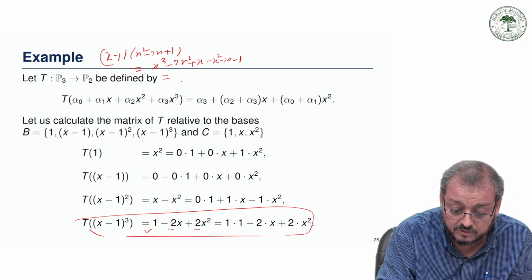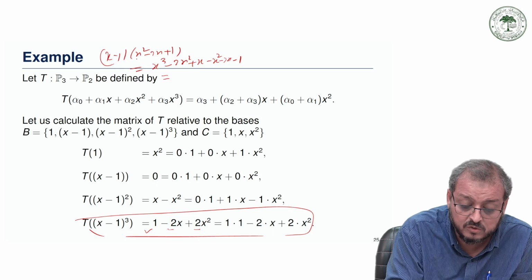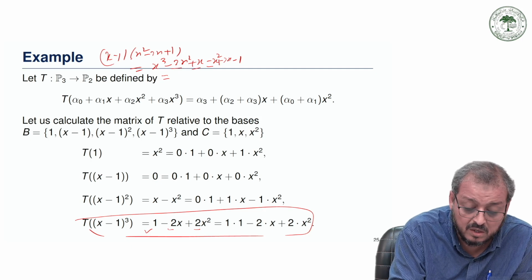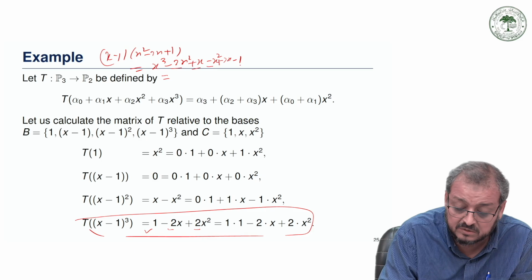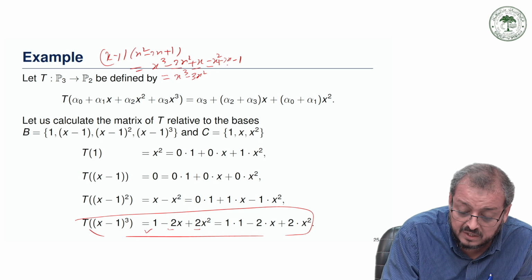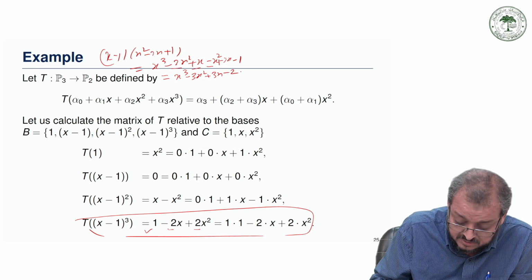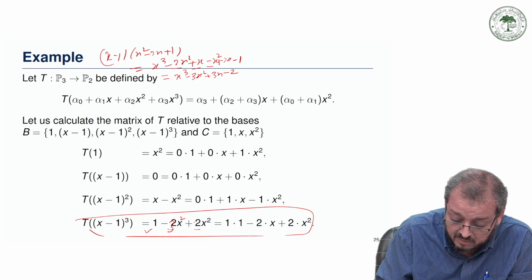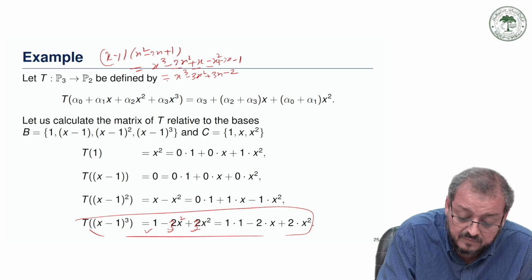Okay, just check. We have to check this. We have x³ − 2x² + x − x² − 1 + 2x − 1, and this can be written as x³ − 3x² + 3x − 2. So this is 3 − 3x², and then you have 3x. Is this correct?